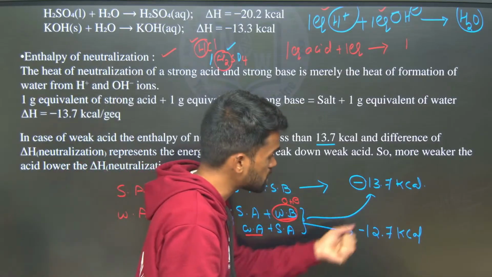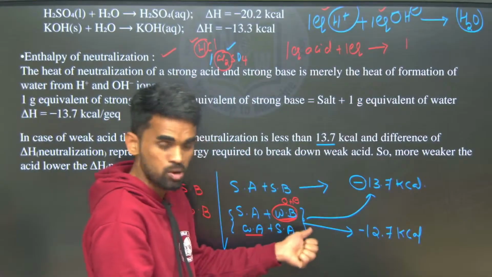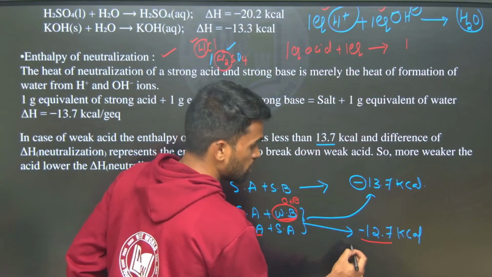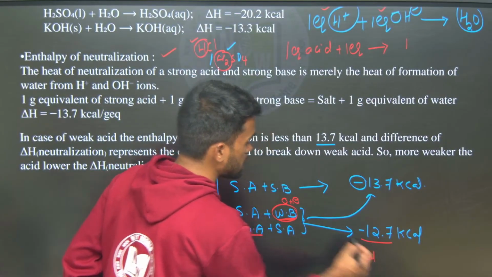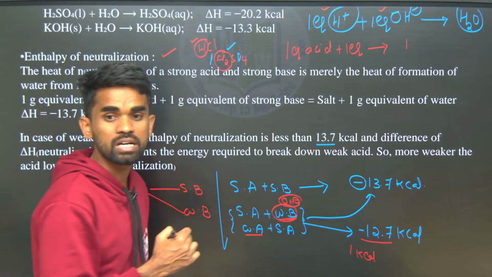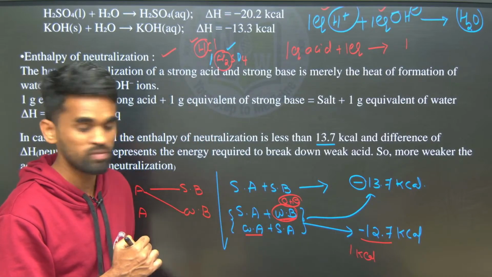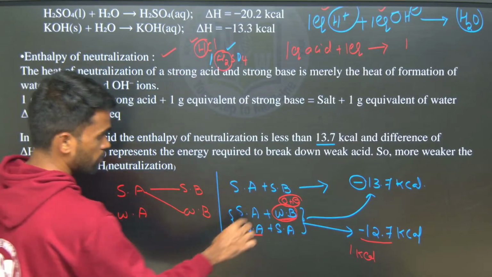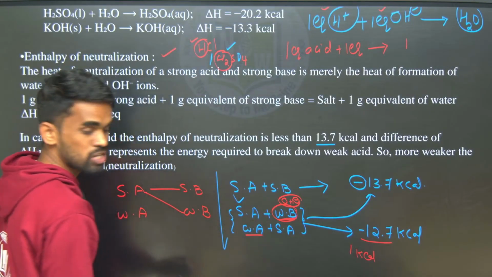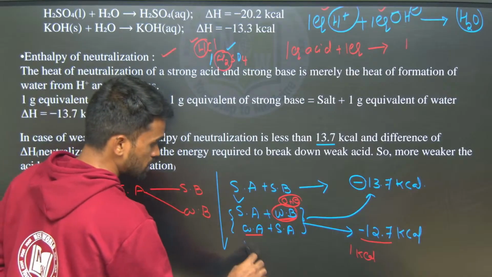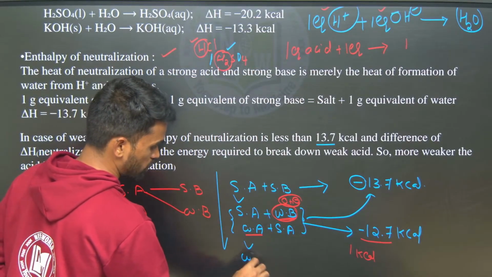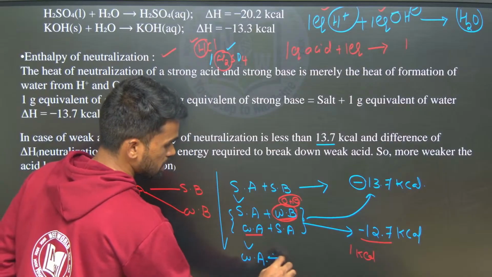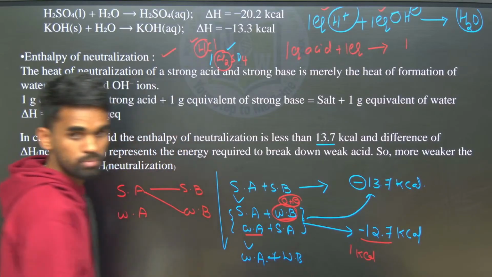When I say 12.7, 1 kilocalorie of energy is utilized for ionization of that weak electrolyte, whether a weak acid or a weak base. So the heat will be maximum in the strong acid strong base combination, after that this combination, and last, finally, the weak acid weak base combination.